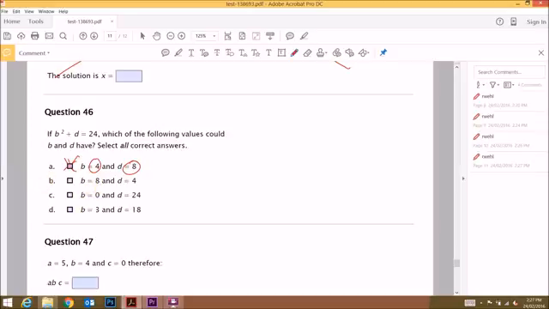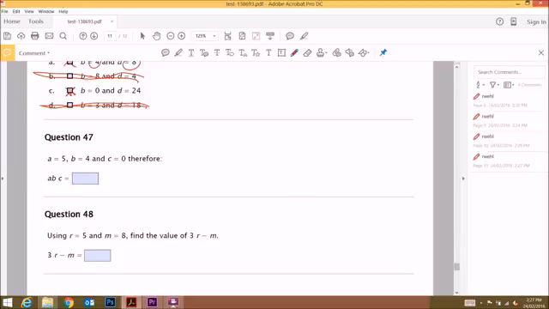For B, 8 times 8 equals 64, plus 4, no, can't be B. C, 0 times 0 equals 0, plus 24 equals 24. So C could also be my answer. 3 times 3 is 9, plus 18 is 27. Can't be that one. So A and C are my answers there.